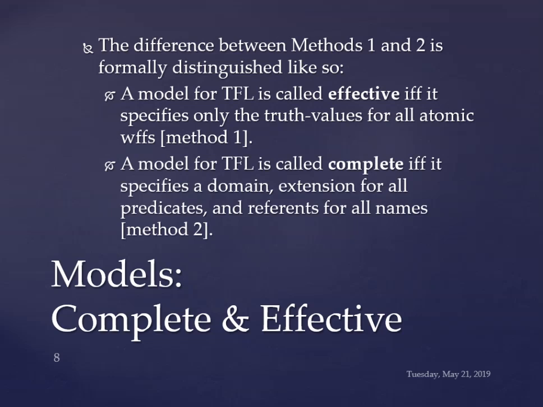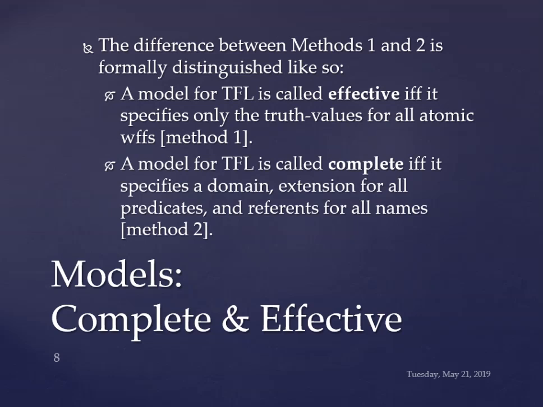You can think of these things like this. To get your work done, method one is good enough. It's effective. If you want to know what the arrow is going to mean under certain circumstances, plug in some truth values and see what you get. Once you figure out what all the atomics are in your formula, you'll be able to figure out the truth functional meaning of the arrow formula.